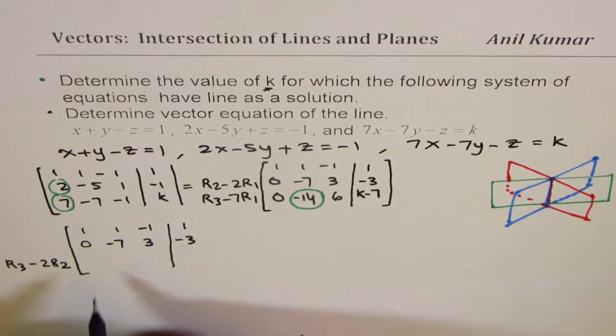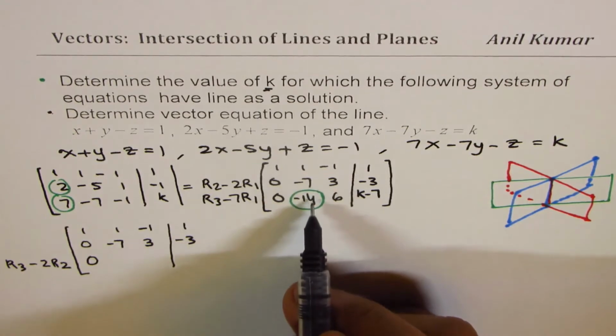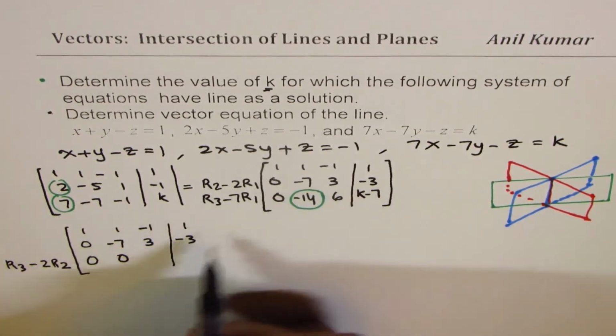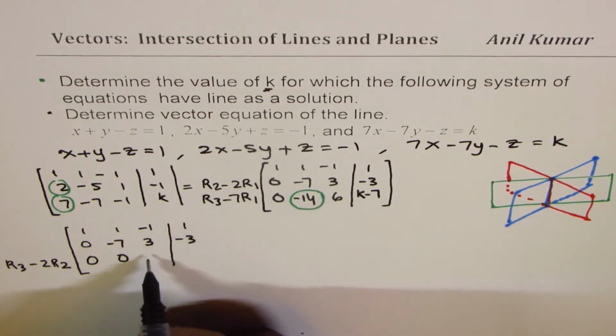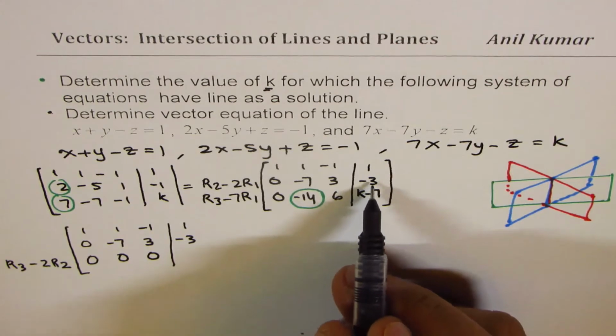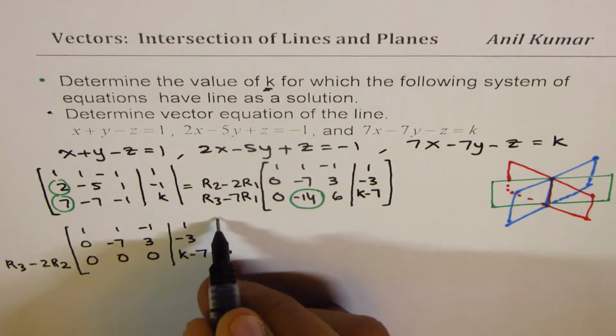So this remains 0. 2 times 7 is 14, and when you take away, it becomes 0. Minus 2 times 3 is 6, so minus 6 plus 6 is again 0. Here, when we multiply by minus 2, it becomes plus 6. So we get k minus 7 plus 6.